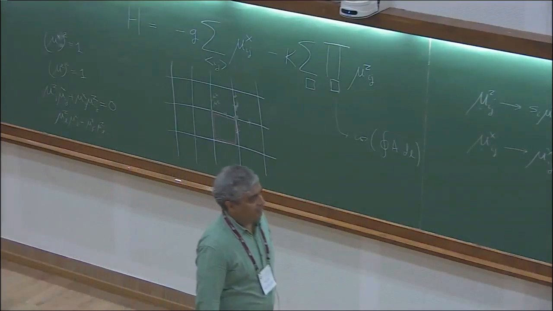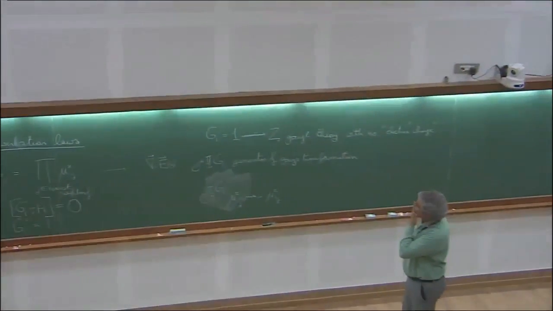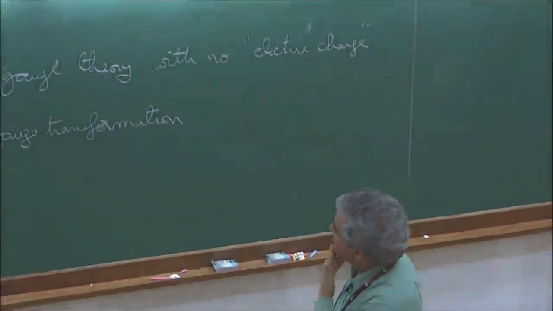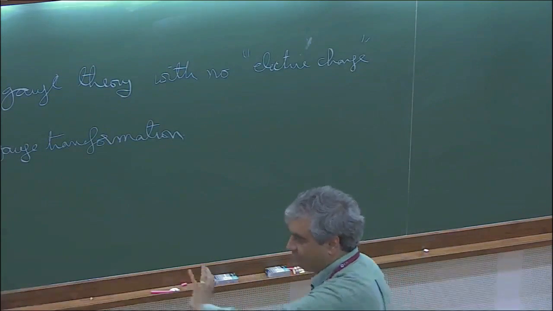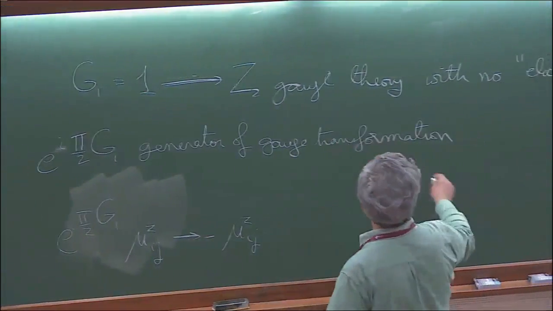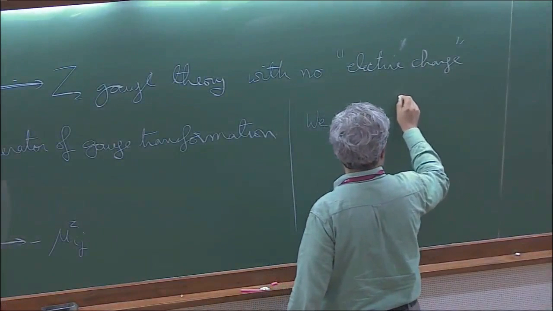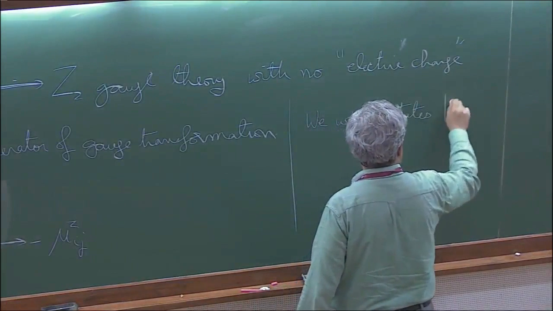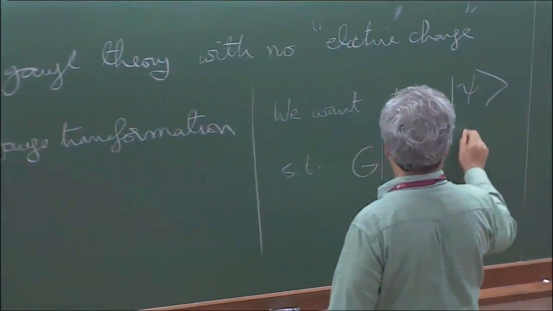So that leads me to the point I was going to make: when GI is 1, since GI is the operator that performs gauge transformations, if I act on a state, we want the ground state, say, states psi such that G psi is equal to psi.